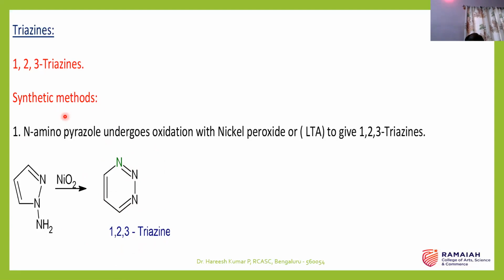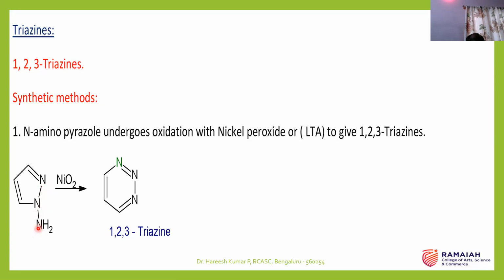So here, if we are looking into the synthesis part, this can be prepared starting with, okay, I think previously I mentioned that a five-membered ring with nitrogen at 1, 2 position is called pyrazole.